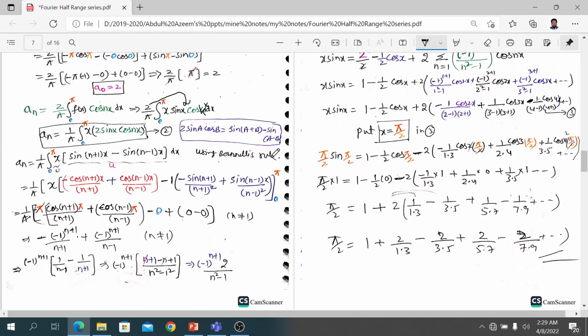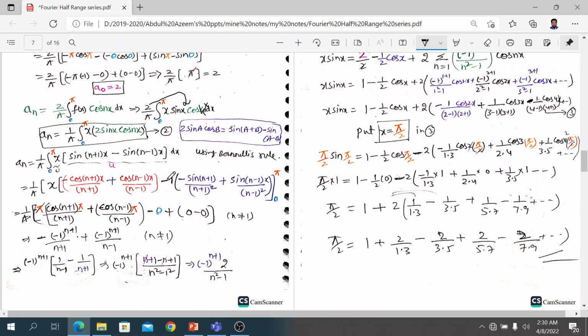Apply Bernoulli's rule: x as it is, minus the derivative of x, which is 1. Now integrating sin((n+1)x) gives minus cos((n+1)x) by (n+1), and integrating sin((n−1)x) with the minus sign gives plus cos((n−1)x) by (n−1).